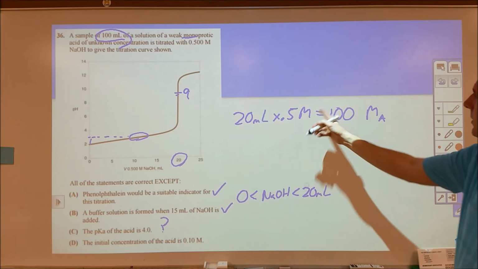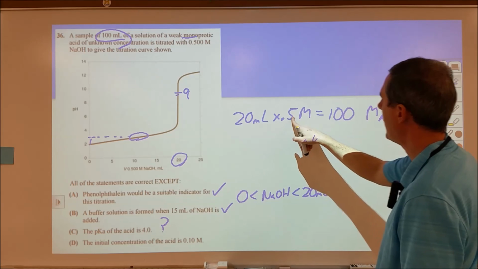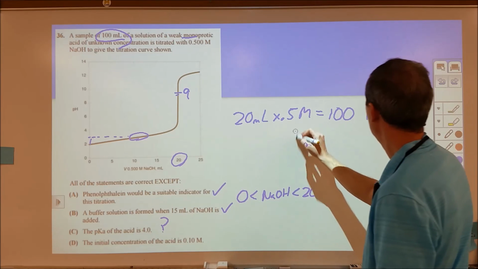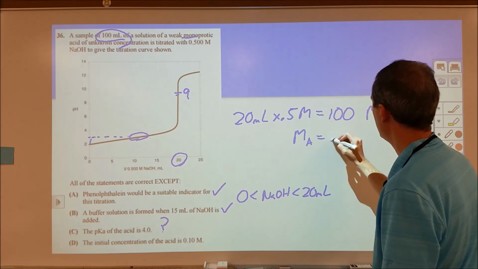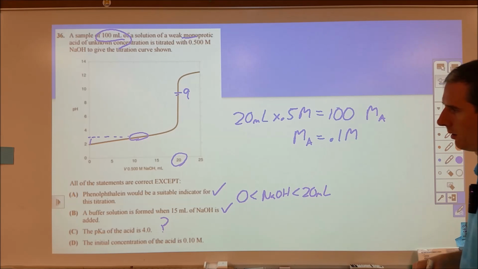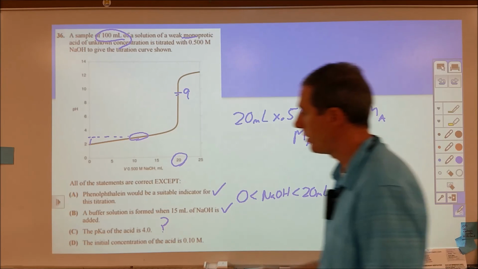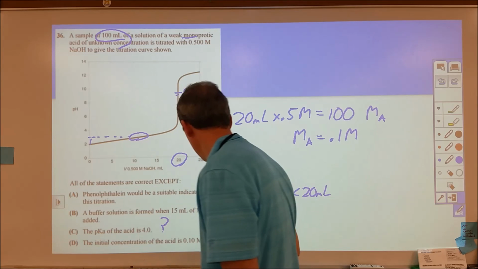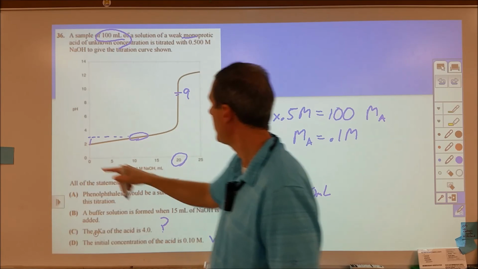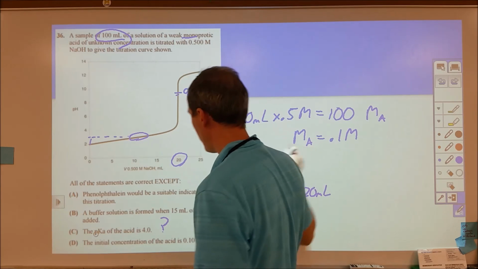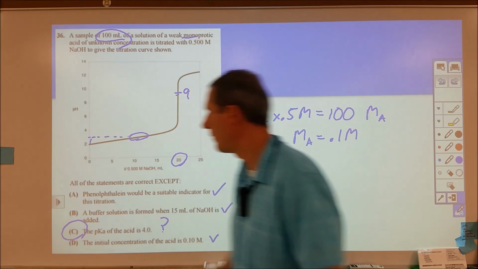So if we go ahead and do this out, we're going to have 20 times 0.5, that's 10, divided by 100. So the molarity of our acid is equal to 0.1 molar. And that's the initial concentration. So this is also correct. You can't figure that out from the initial pH because we don't know the Ka, but we can figure it out from moles, which means that C would therefore be our answer.